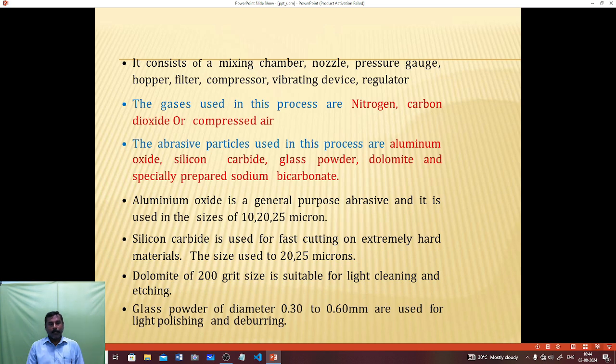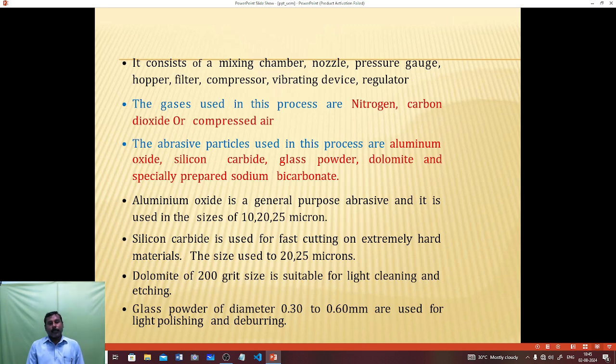The gases used in this process are nitrogen, carbon dioxide, or compressed air. The abrasive particles used are aluminum oxide, silicon carbide, glass powder, and specially prepared sodium bicarbonate. Aluminum oxide is a general purpose abrasive used in sizes of 10 to 20 microns.